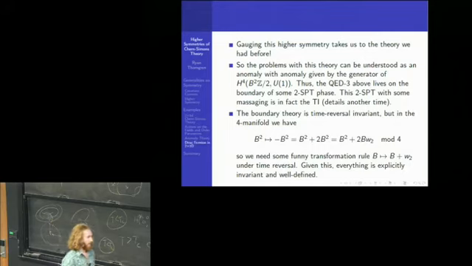And this gauged 2-SPT has some non-trivial topological term. I could also look at a 2-SPT that has a different topological term. So they would have the same symmetry, but different looking ground states. They wouldn't be connected by local unitaries. Is there a way to go to even higher symmetry potential?